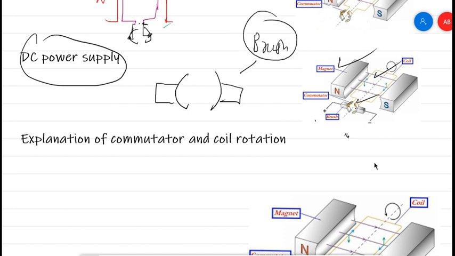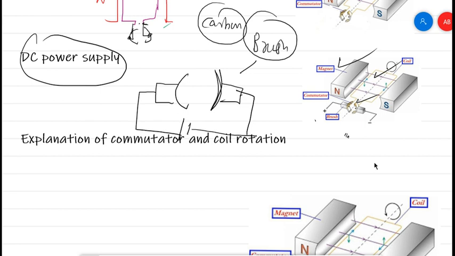Why do we usually say carbon brush? Because it is a conducting material. It gives a smooth connecting point for the current to the commutator.